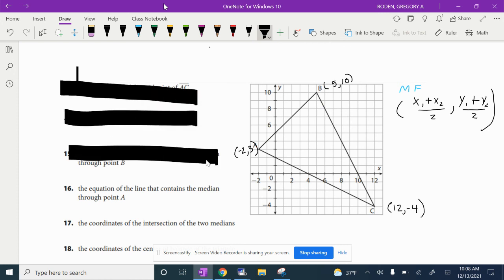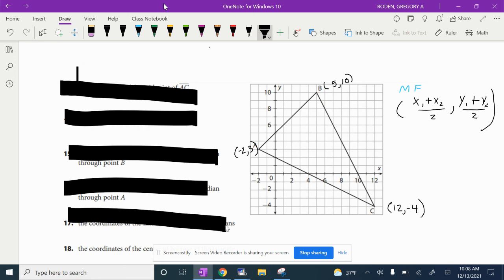So I'm going to erase these, and we're going to do our own questions. What are we supposed to find? The coordinates of the median. Okay, excuse me, I said that wrong. The coordinates of the midpoint.